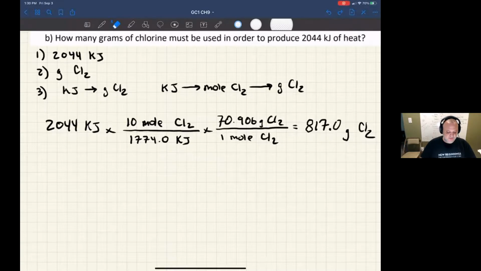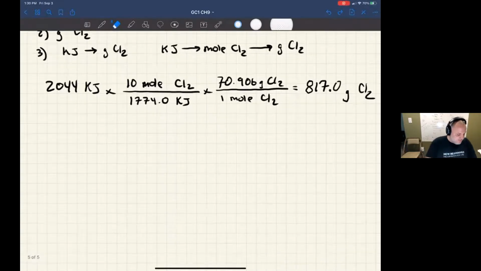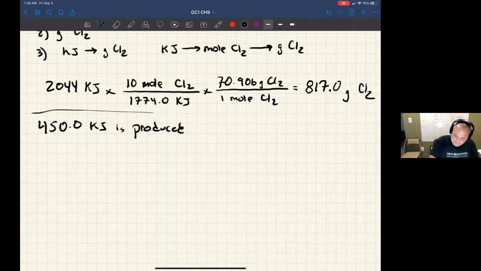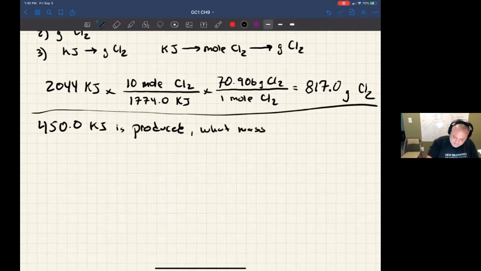All right, so the next part of the question, I'll have to write that down. It says that 450.0 kilojoules is produced. What mass of phosphorus pentachloride is formed?